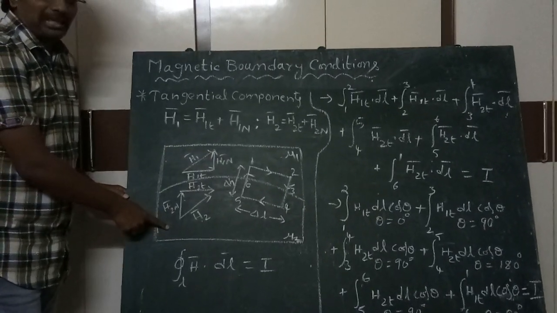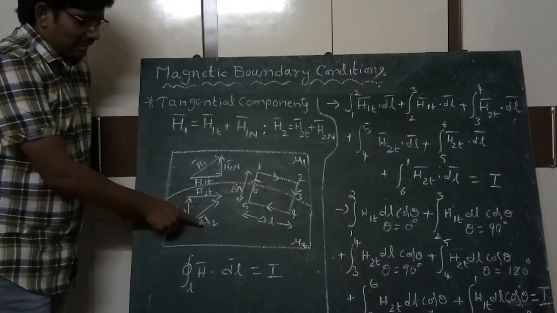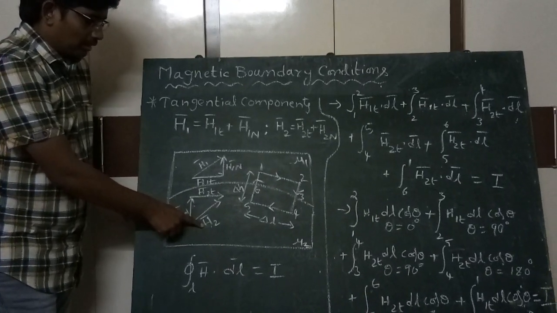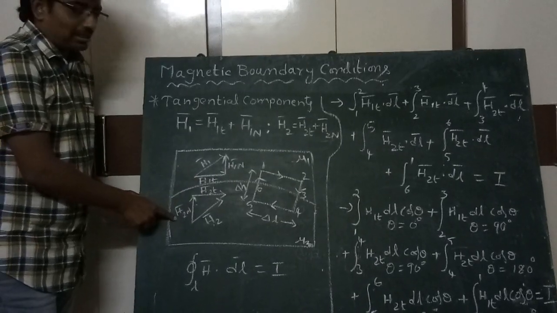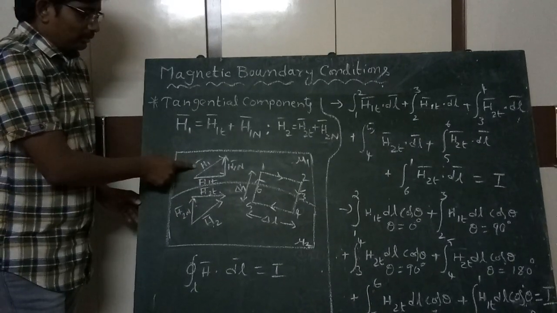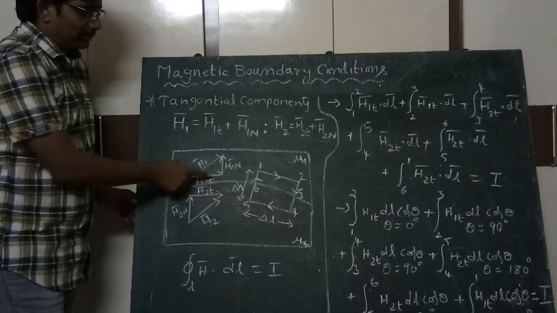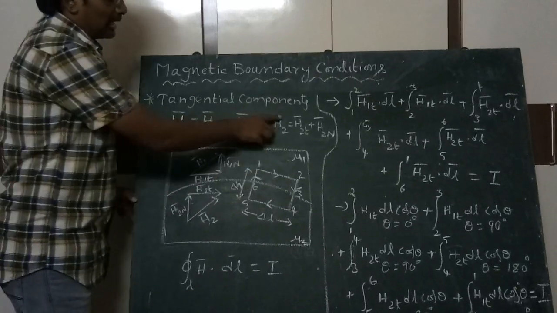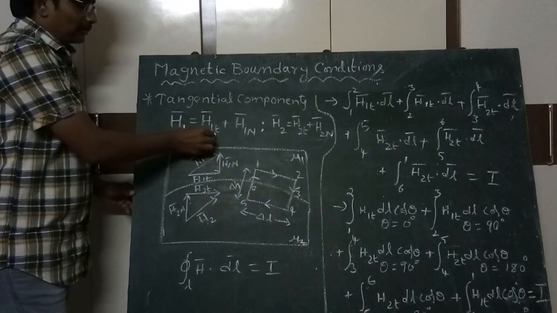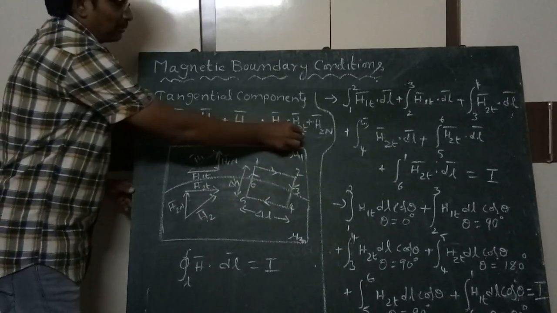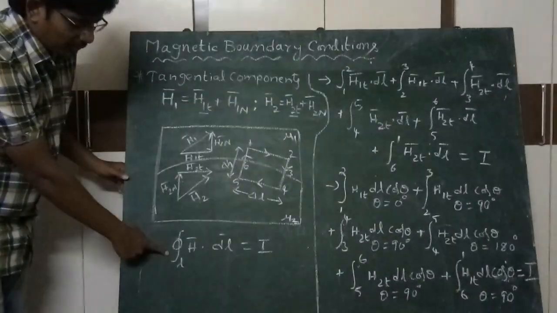Similarly, in the second magnetic material, the magnetic field is H2 bar and it is divided into two components, H2T bar and H2N bar. That means H1 bar is equal to H1T plus H1N, and H2 bar is equal to H2T plus H2N.